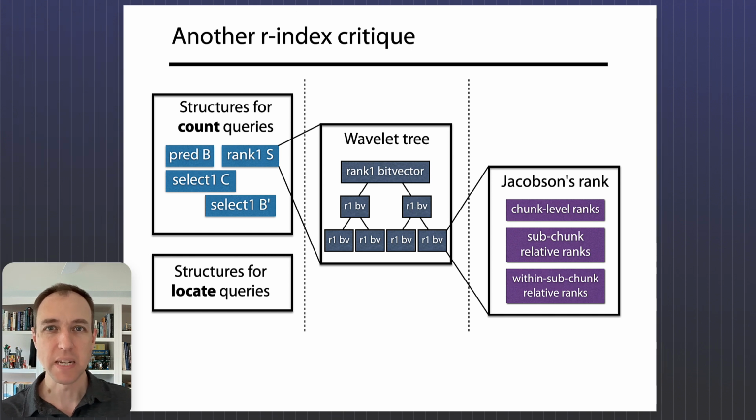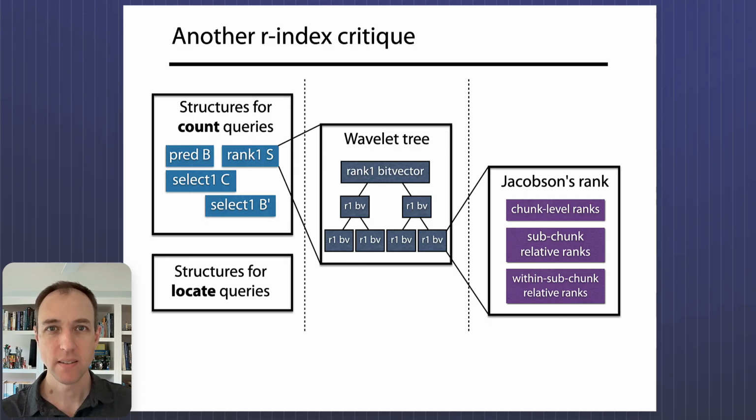One of the things that we need is the wavelet tree built over the run length compressed string S. A wavelet tree in turn is a tree of bit vectors over which we have to be able to do rank, select and access queries. And then in order to do rank, select and access queries, or even just rank queries, on a bit vector, we need additional data structures, right? We might need like Jacobson's rank data structures to do constant time rank queries, etc.